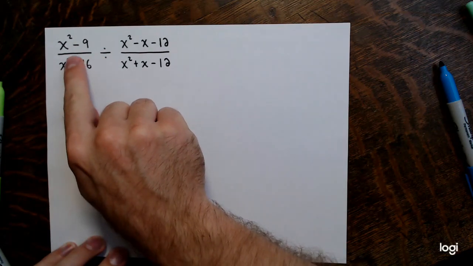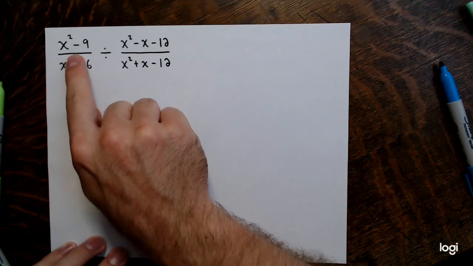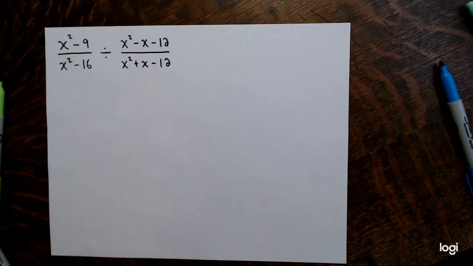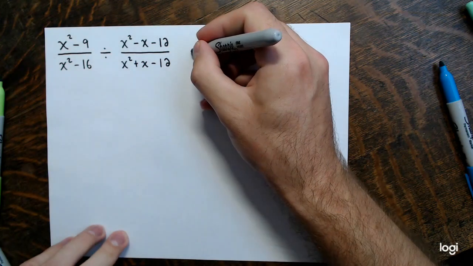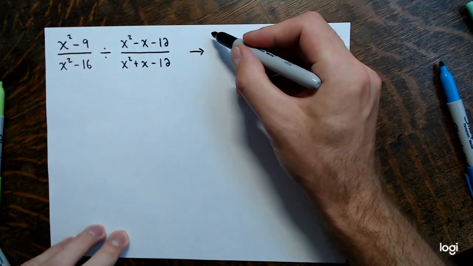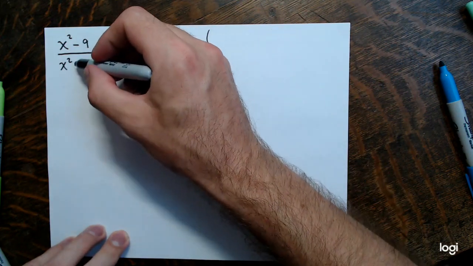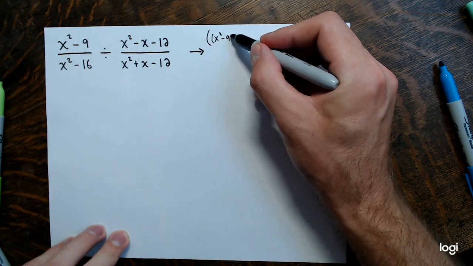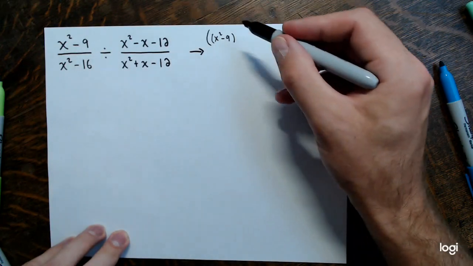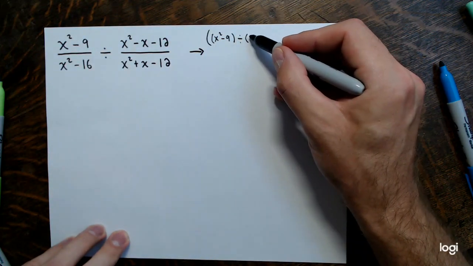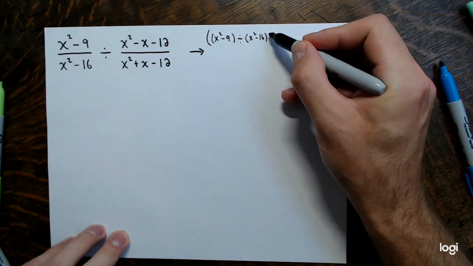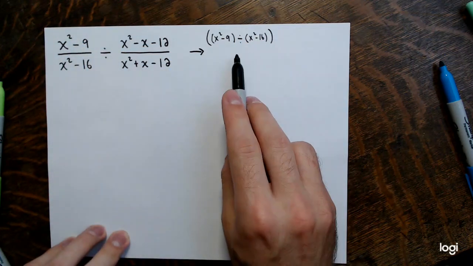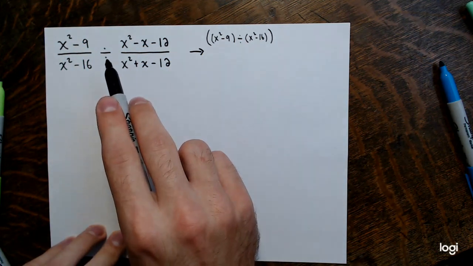I remember in the previous video I mentioned whenever you see a fraction bar, that is also division. So technically I could write it this way if I wanted: in parentheses, the quantity x squared minus 9 divided by x squared minus 16, close parentheses, because this entire thing is the dividend, the thing before the main division.